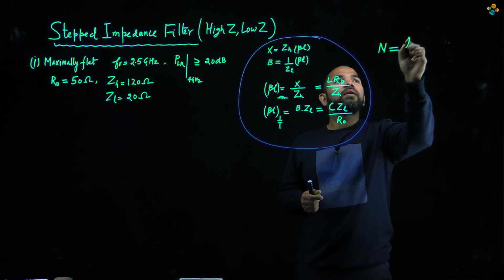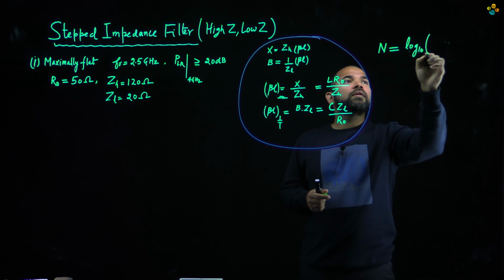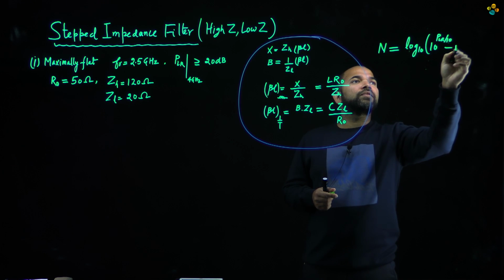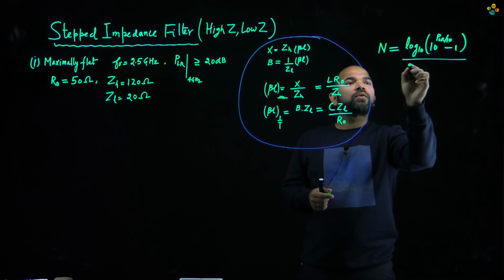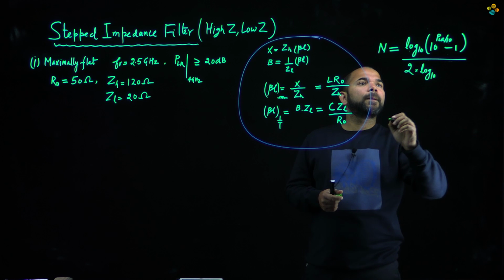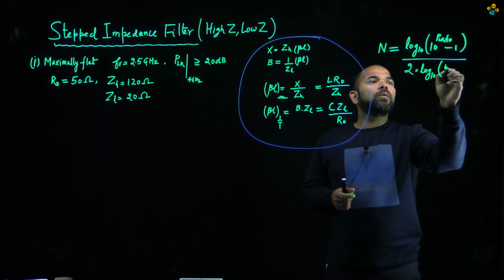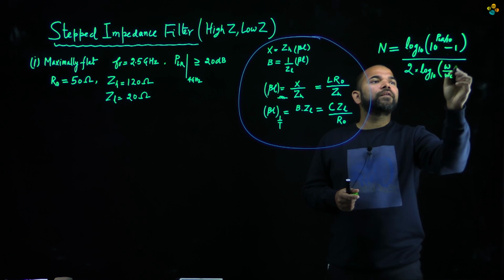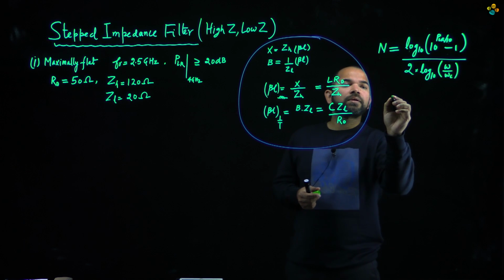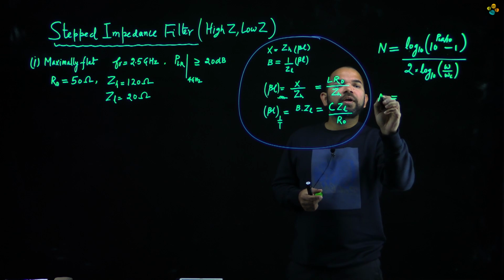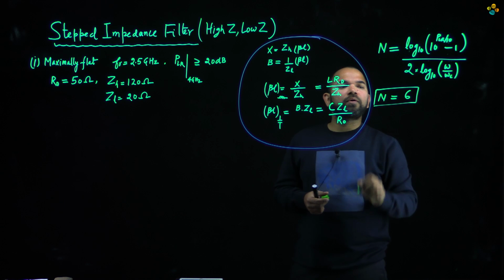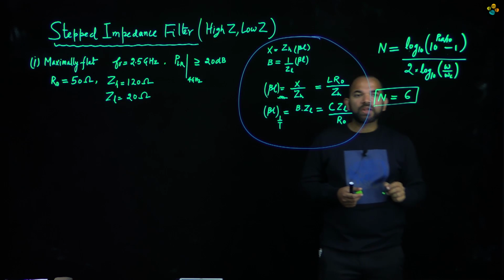But I'm just writing it straightforwardly: log of (10 to the power PLR/10 minus 1) divided by 2 times log of omega upon omega c. This is the expression we have to use. By solving this, we get an order of about 6, and this same order can also be calculated graphically.